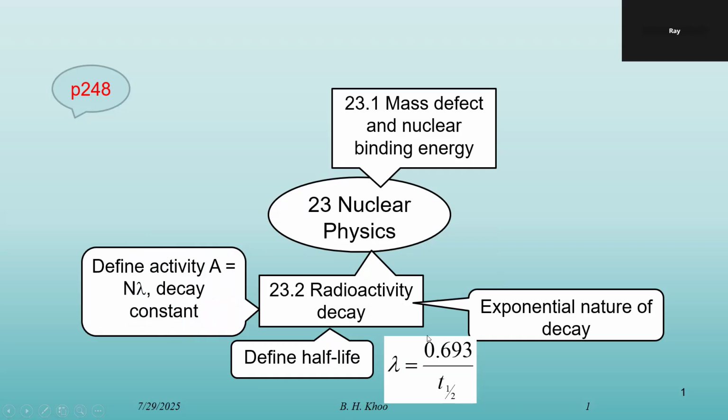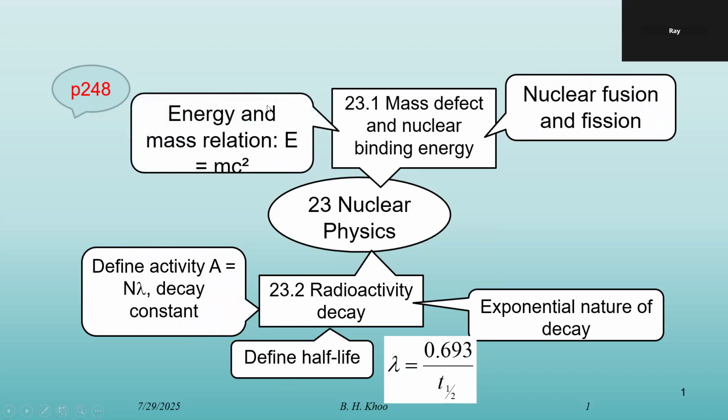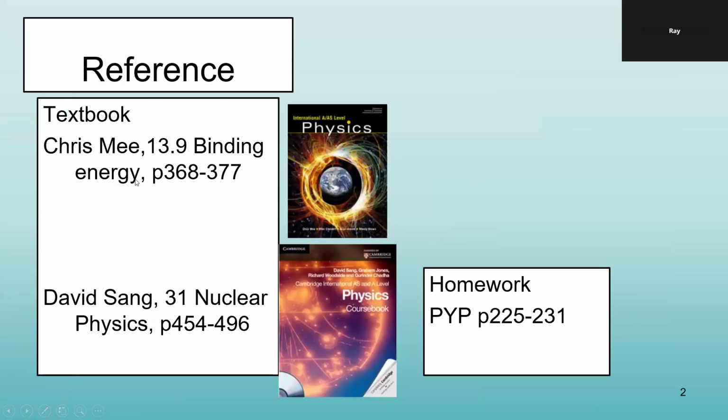That's the relationship between decay constant and half-life. And for mass defect, we look at nuclear fusion and nuclear fission. And then the energy and mass relationship, E equals mc squared. Variation of binding energy per nucleon with A. You can use your own textbook.